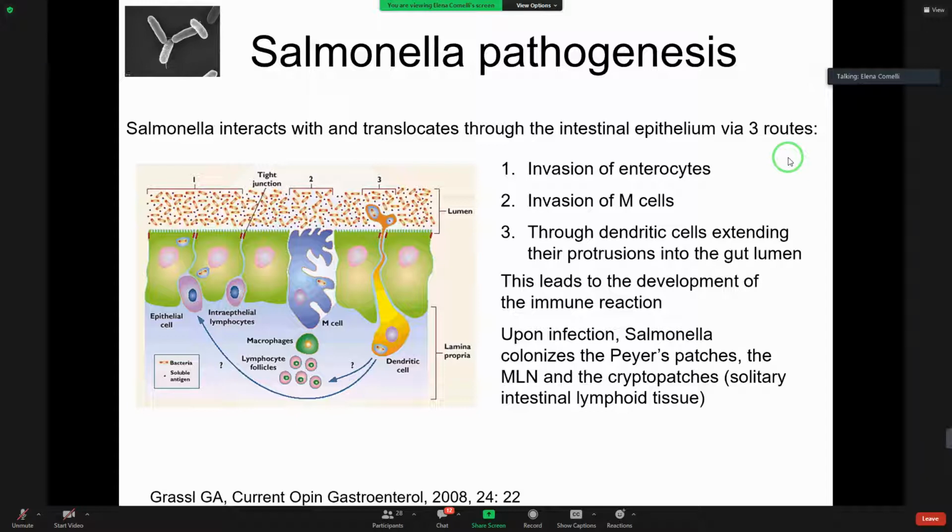In this case, they would sample Salmonella cells. Upon infection, the Salmonella translocates across the monolayer and colonizes the Peyer's patches and the mesenteric lymph nodes, and then leads to the development of the immune reaction.